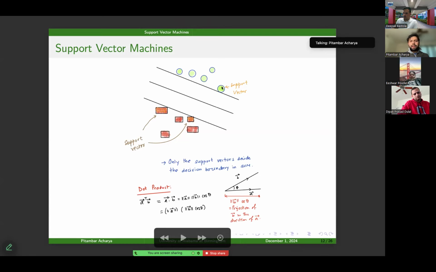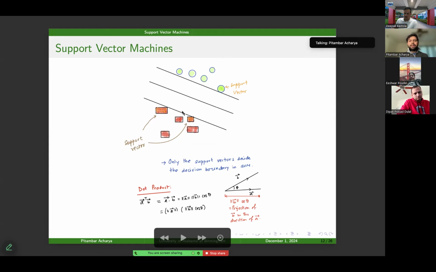Those data points which touch the lines are known as the support vectors. Here we have three data points, the two red ones and one green circular one, that touch those lines.